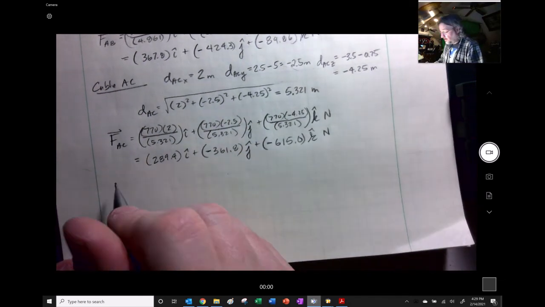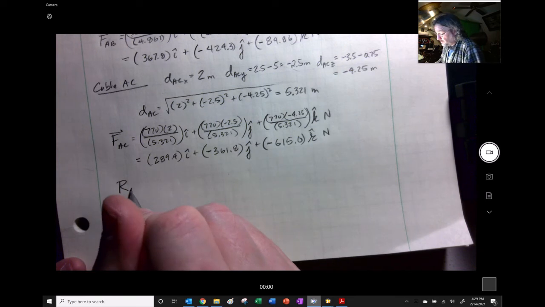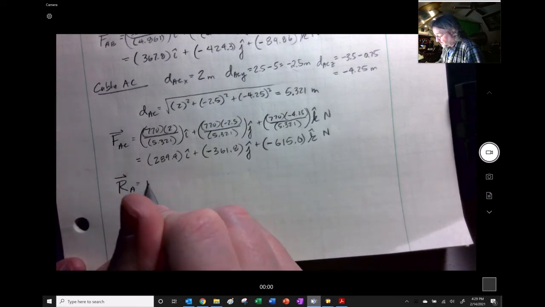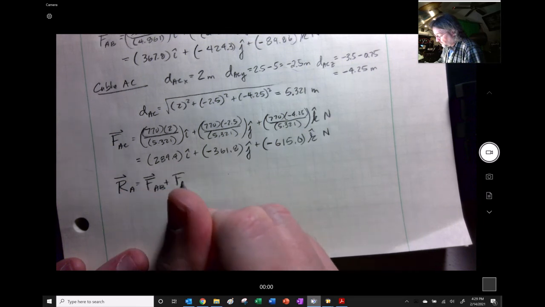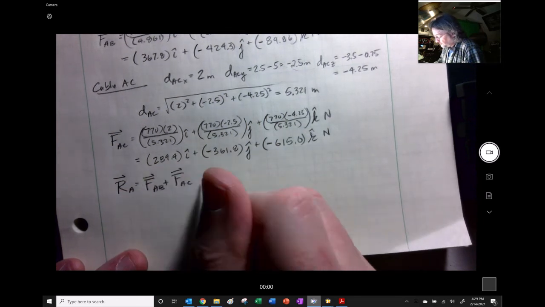And now we want to get the resultant at A. It's going to be FAB plus FAC.